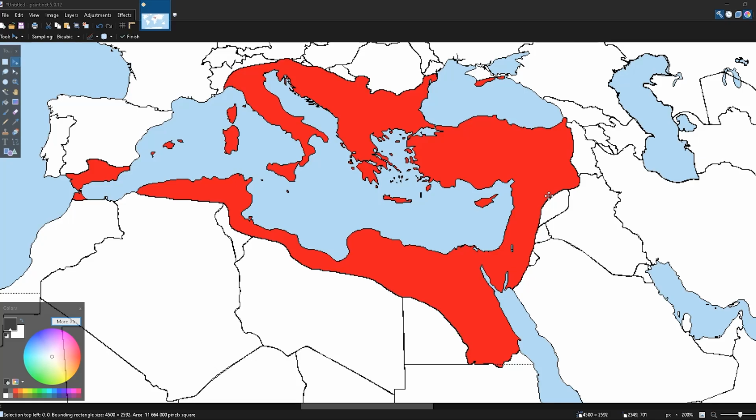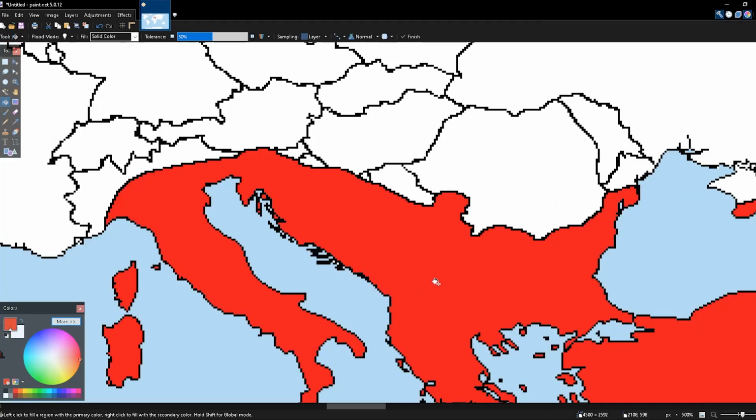Let's get to the scenario. First thing that the Byzantine Empire does is invade Serbia, Croatia, and Slovenia. These countries are so super small that they just collapse right away, and then join the Byzantine Empire.